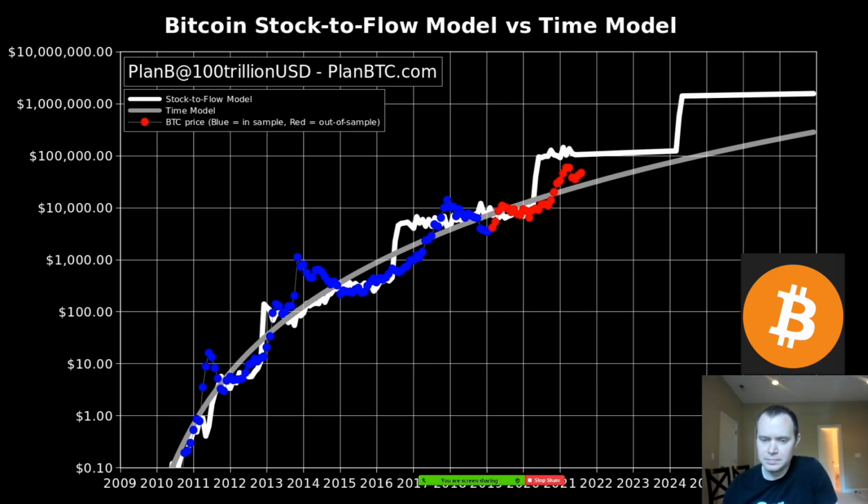Yeah. The time models are very sensitive to the data frame that we are using. If we fit it on another time scale, say 2010 to 2016, it will be a totally different gray line.